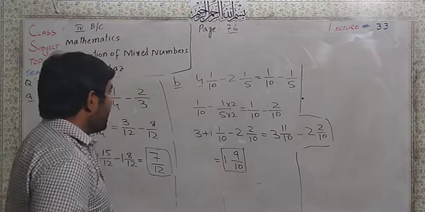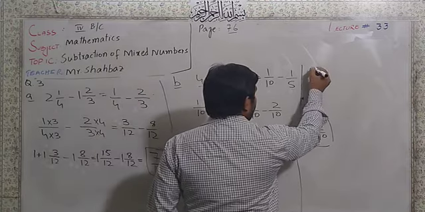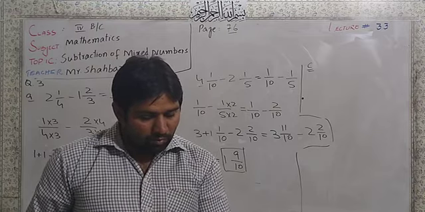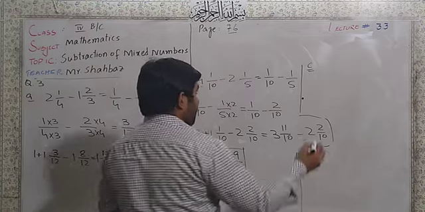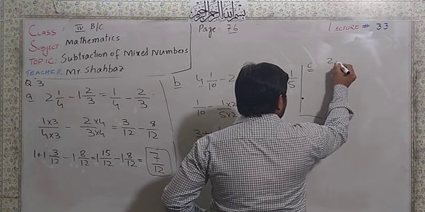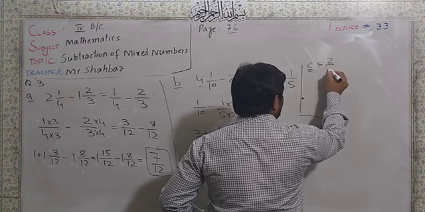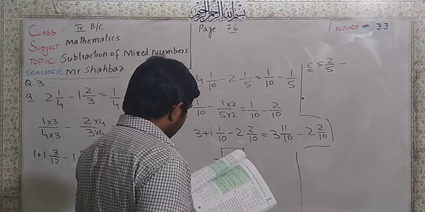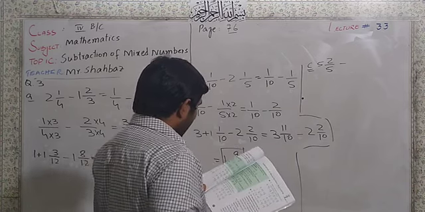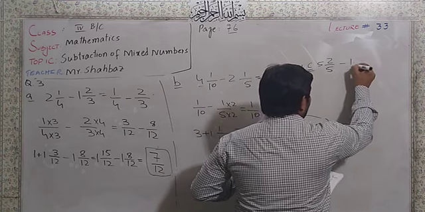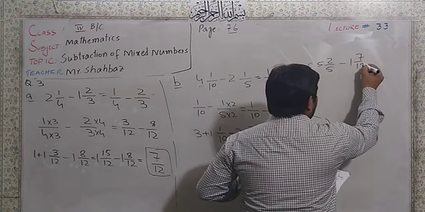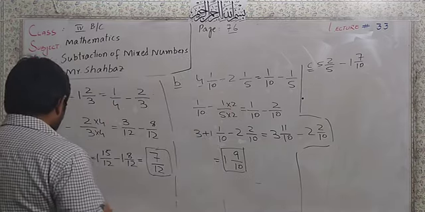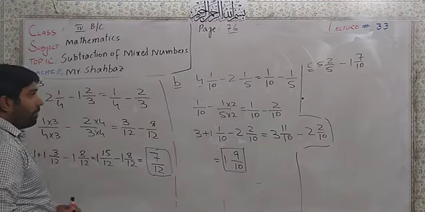Next, part C is 5 whole 2 over 5 minus 1 whole 7 over 10. The process is same.